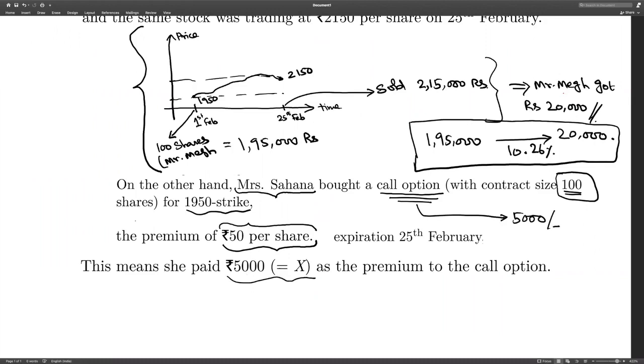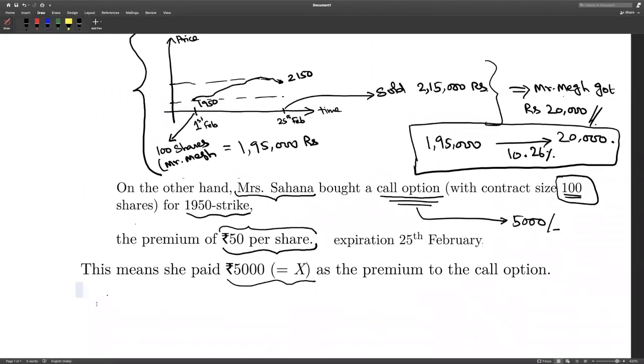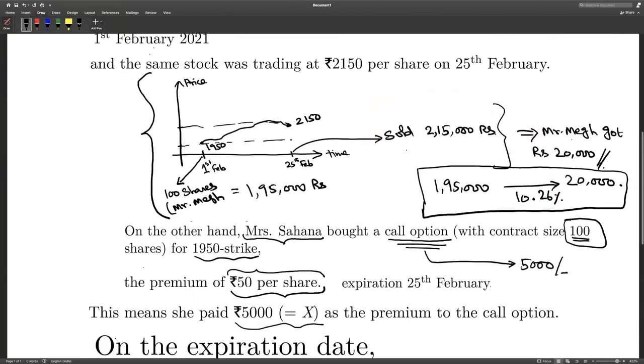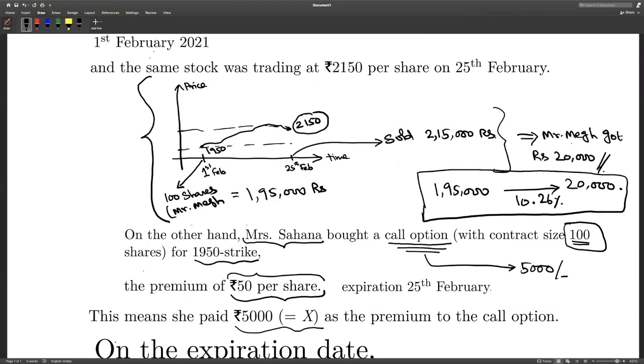Let us denote it by capital X as the premium to own one call option in the stock with the strike of 1950 and the expiration 25th February. Let us see what happens on the expiration day. Recall on the expiration date, the stock price was 2,150.